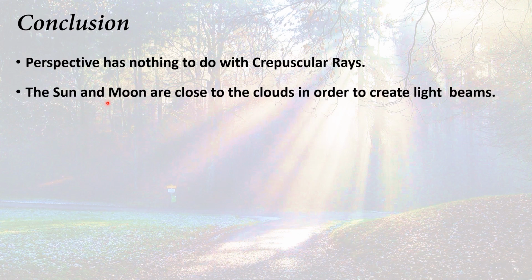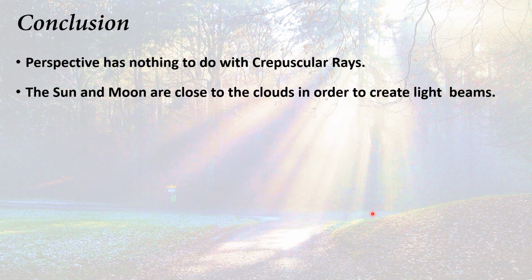The sun and moon are close to the clouds in order to create light beams. You have to have close proximity to the obstruction in order to create crepuscular rays. That is the only way you can do it.